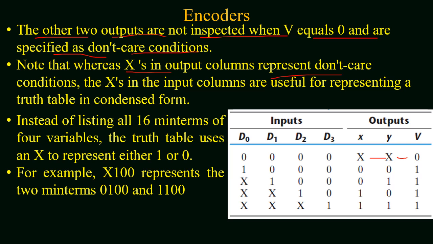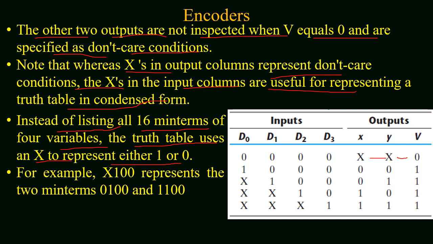The don't cares specified in the input columns are useful for representing a truth table in condensed form. So instead of listing all the 16 minterms of 4 variables, the truth table uses don't care to represent either 1 or 0.